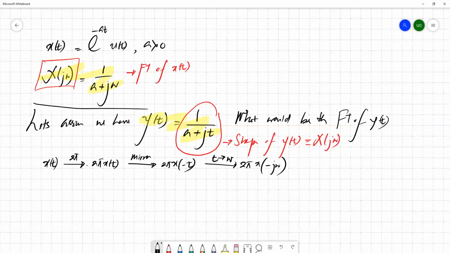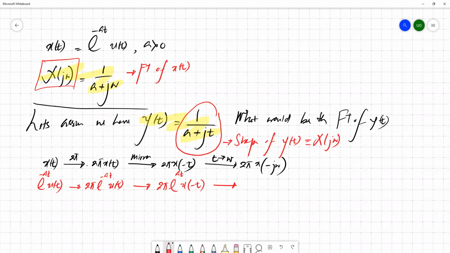We'll do the same. We take xt and multiply with 2 phi. Now xt is e to the power minus at ut, multiplied with 2 phi. Then take the mirror, so then 2 phi e to the power at u minus t.